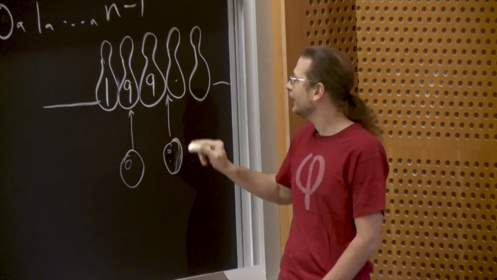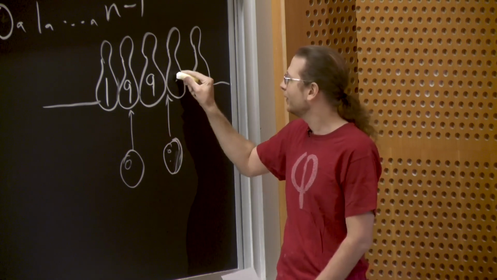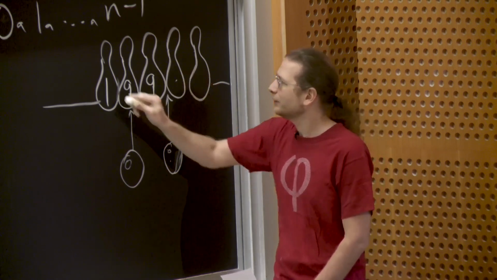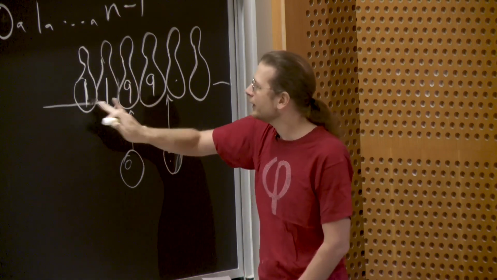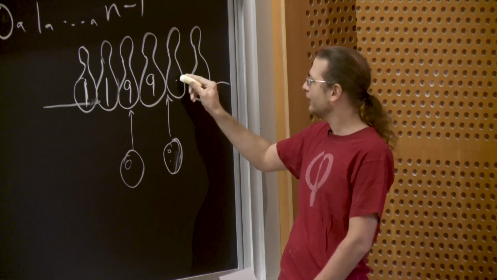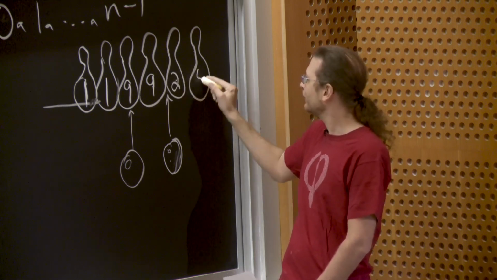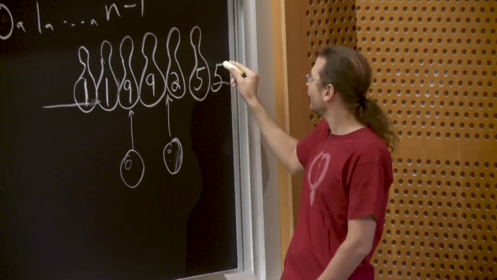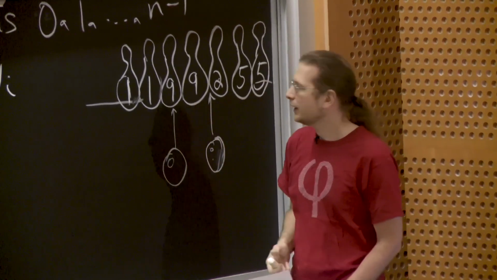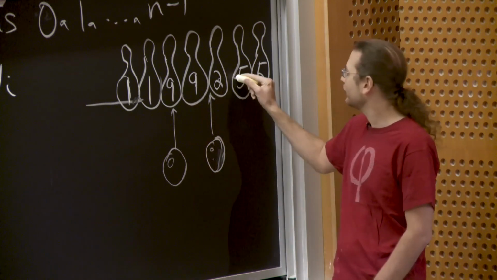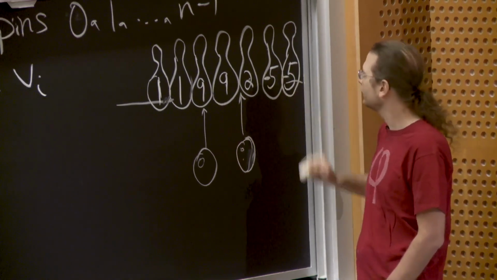Let's say 1, 9, 9. Let me do a slightly more interesting example. Maybe another 1 here, and a 2, and a 5, and a 5, something like this. Or maybe make it a little more interesting. Let's put some negative numbers on here.